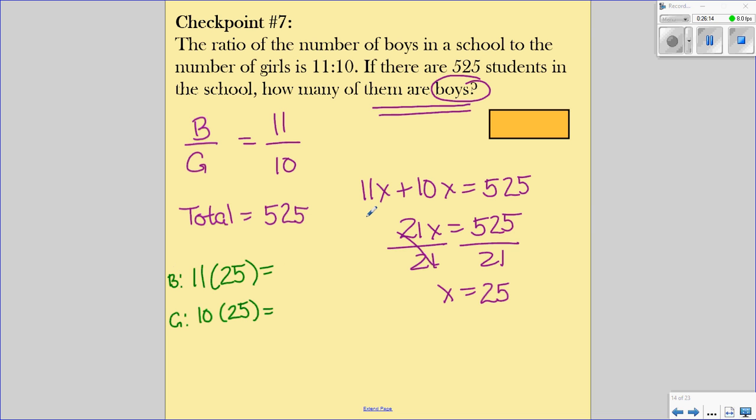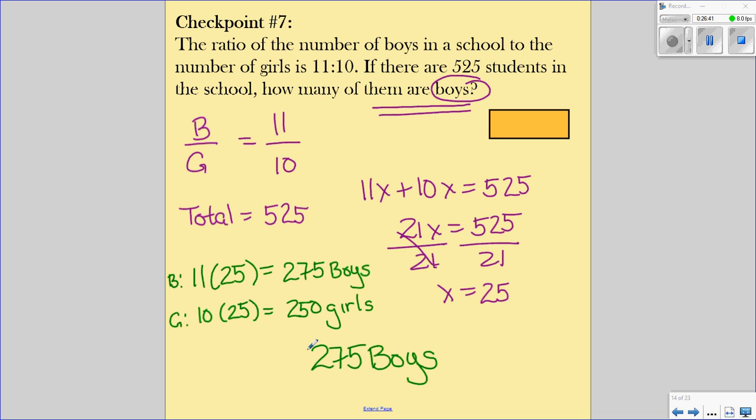So 11 times 25 is 275 boys, and the girls, they asked for boys, but I'll just do the girls also. So your answer would be 275 boys, because that's what they asked you for.